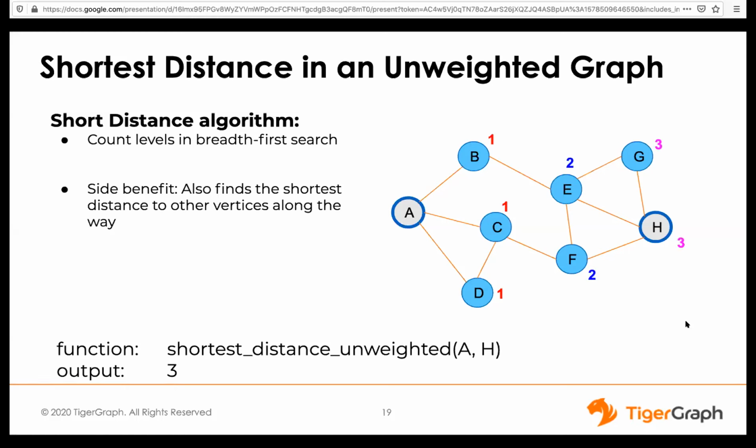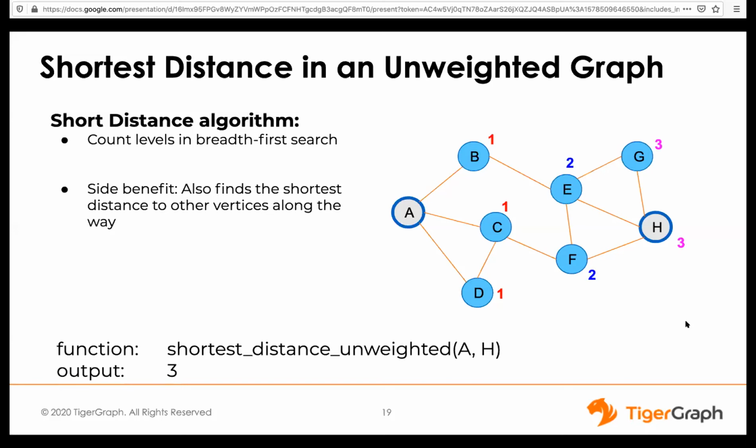So nothing surprising there. Some of you may know that you can actually improve the performance of this algorithm by doing bidirectional search, by searching both from A and from H and looking for where the 2 paths meet each other. And that can significantly reduce your computation time on a large graph. But I just didn't choose to show that here.